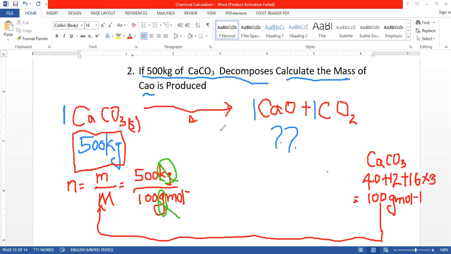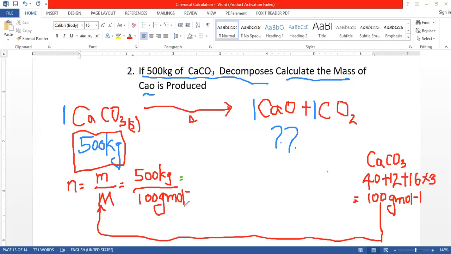You should change kilogram into gram. When you do chemical calculations, you should change kilogram into gram.